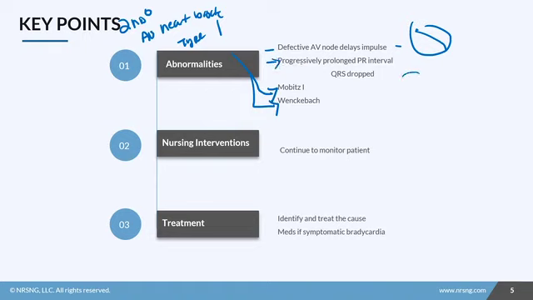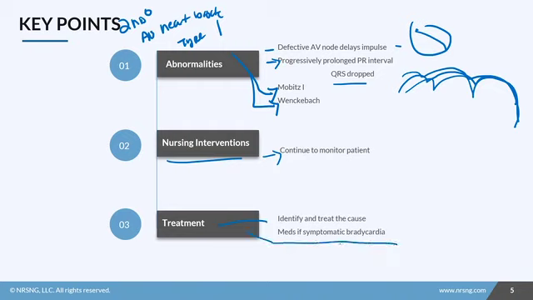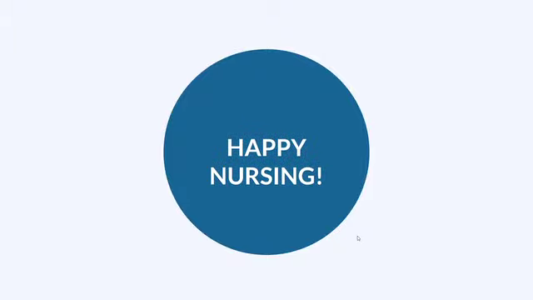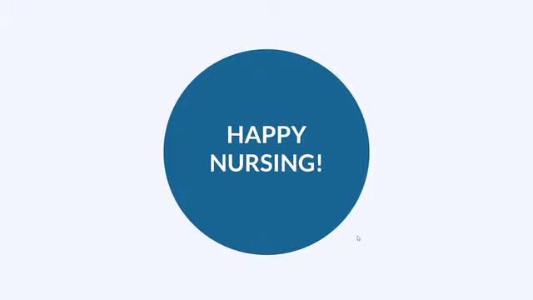So it gets longer and longer, and then it drops. A QRS is dropped. So winky, winky, bop. Longer, longer, drop. Nursing interventions are just to continue to monitor the patient because usually they are asymptomatic. Treatment, identify and treat the cause if possible, and medications or follow the ACLS guidelines if they are symptomatic and bradycardic.